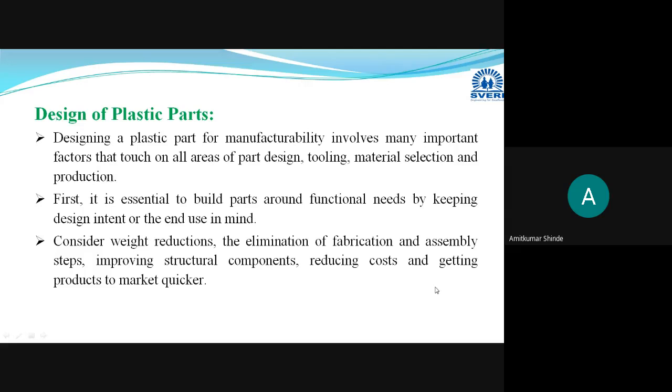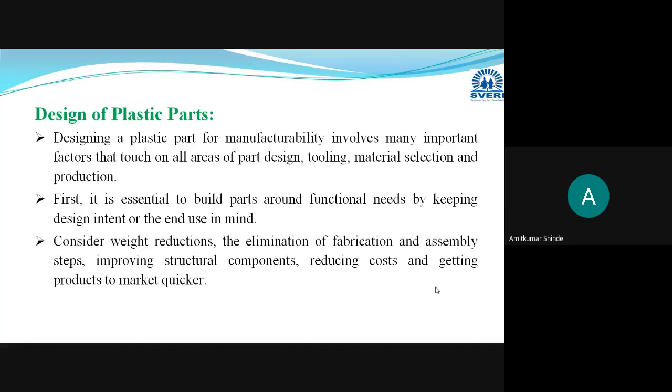Also, whichever product you are manufacturing, after manufacturing that part it should be made very easily available to the consumer or customer, the end users. You have to take these things into consideration.